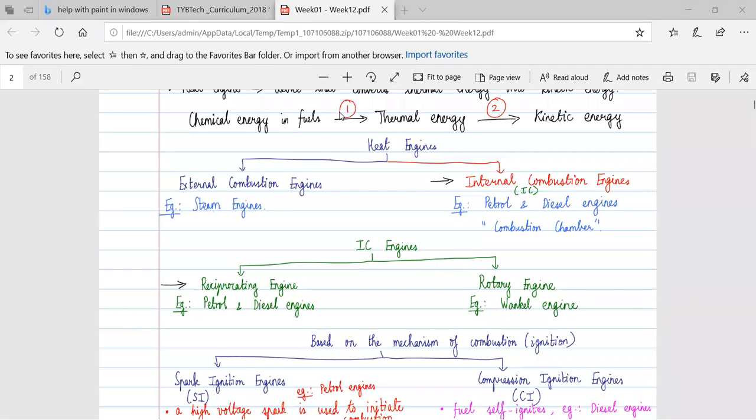This process happens in one part, and this process happens in another part, and these both are linked together. In an internal combustion engine, both the processes happen in a single part. So that's the difference between external combustion engine and internal combustion engine.